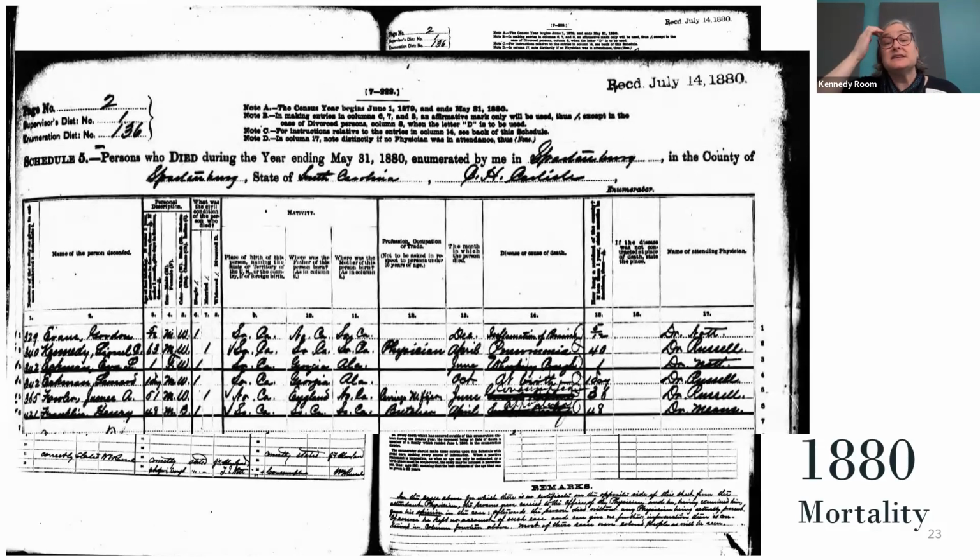And you will see that this was received at the office in DC, July 14th, 1880. And it was a June 1st date. So it was persons who died during the year ending May 31st, 1880. And one of the Carlyles was the enumerator.